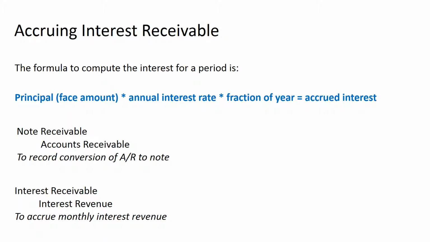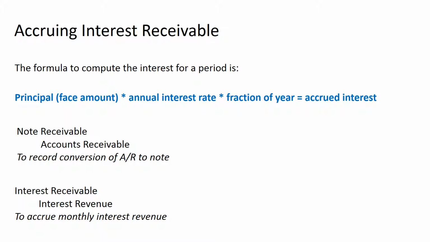If the accounting period ends before the interest is received in cash, interest is accrued to the last day of that period. The formula to compute the interest for a period is principal or face amount times annual interest rate times fraction of year equals accrued interest.